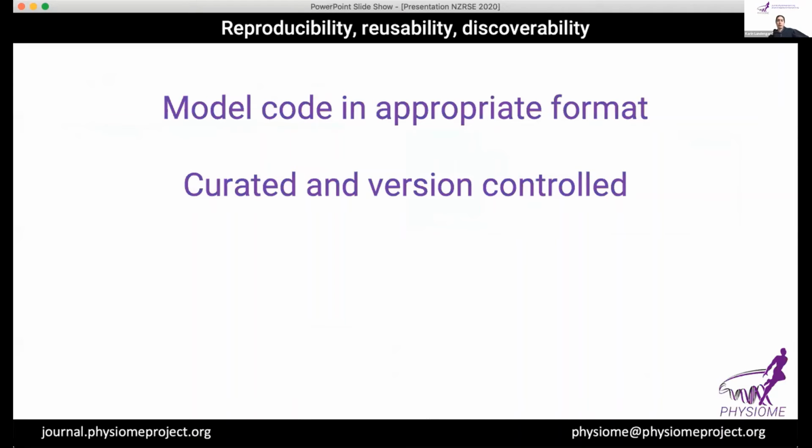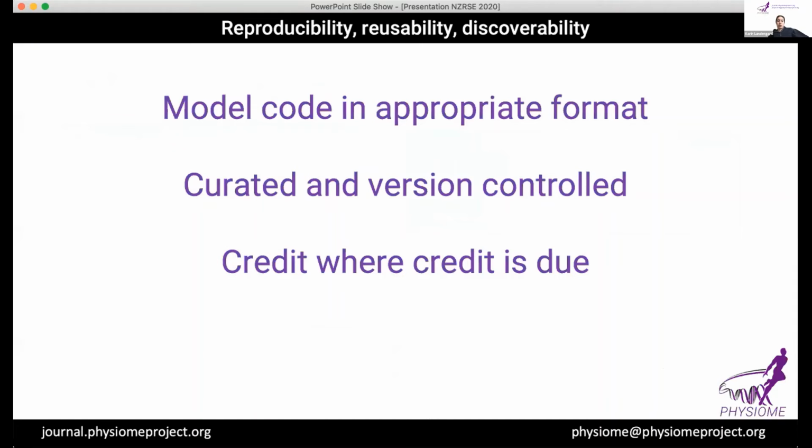So we help authors make their models available in appropriate formats by publishing curated and version-controlled code. And the reason why we are in the format of a journal and not just a repository is that we want to give credit where credit is due.